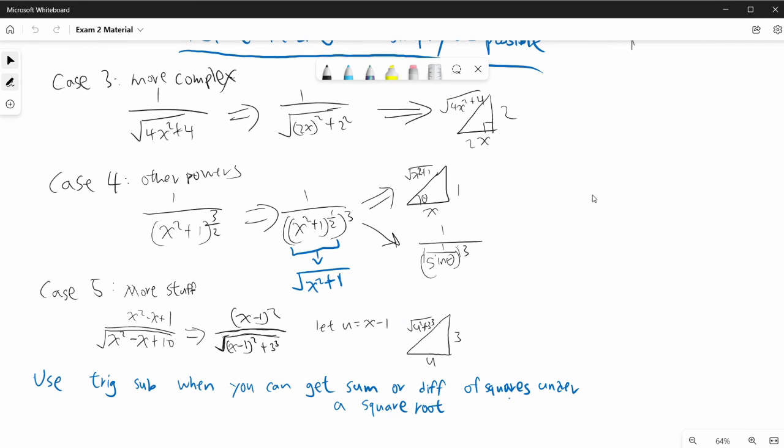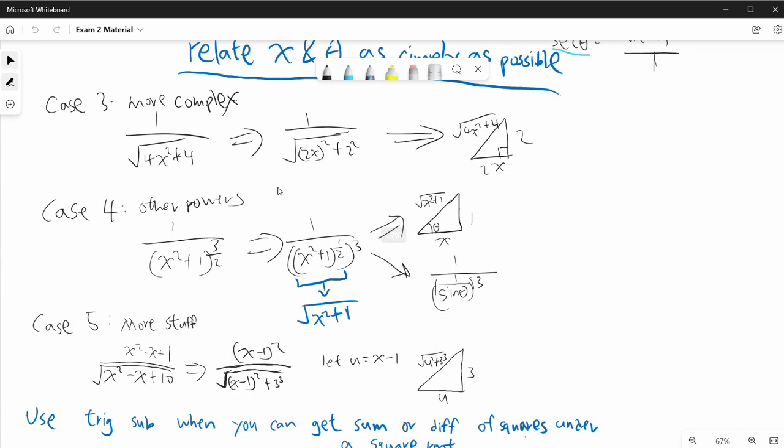For the next few cases, the square root part is going to be more complex, and sometimes you have more on top as well. Let's look at case 3. Instead of just x squared plus a perfect square, like 16 or something, we have 4x squared plus 4.